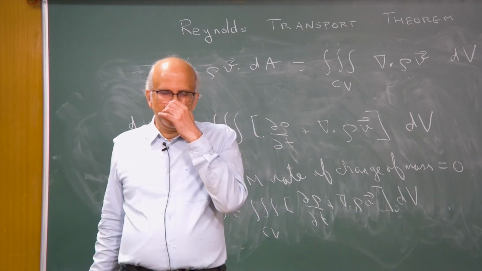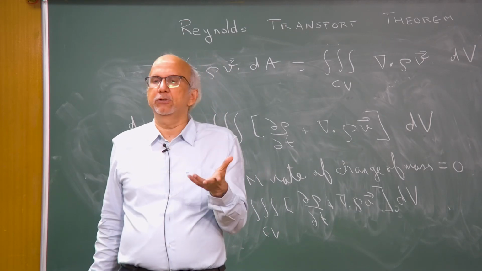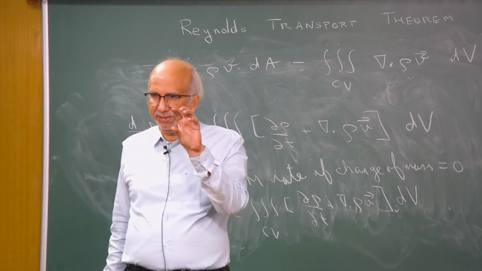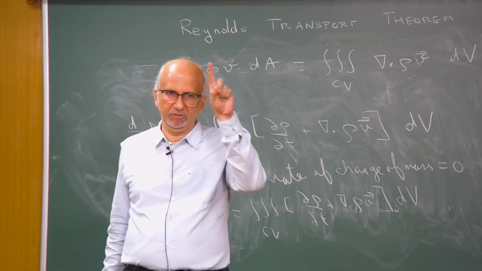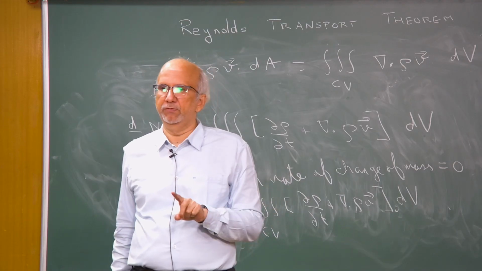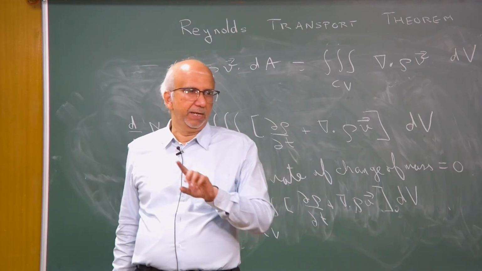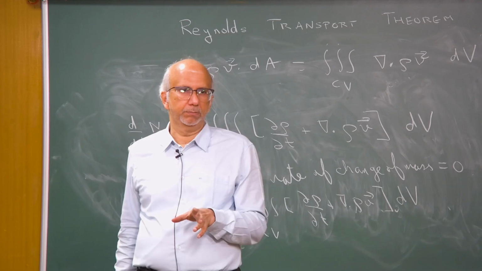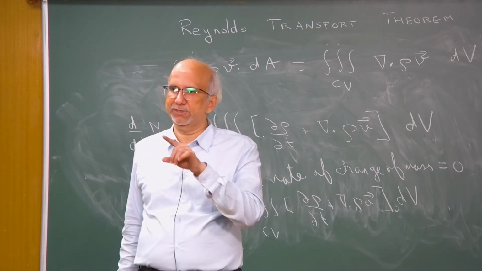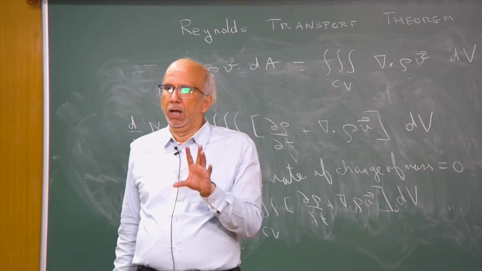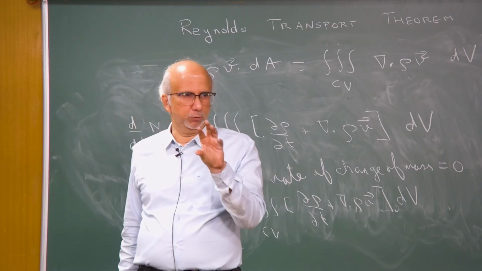The next argument I am going to make here is that I can choose my control volume to be infinitesimally small. There can be variations everywhere of rho and velocity in my control volume. If you really want to capture those variations, you will possibly have to choose a small control volume.